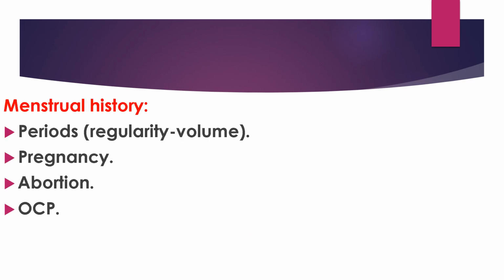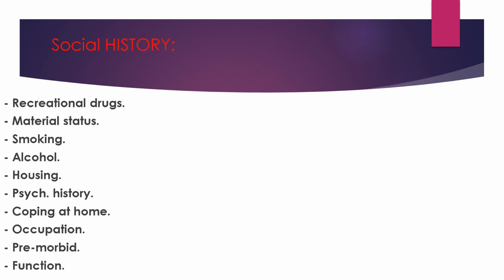In females, you have to ask about the menstrual history, and this is by far very important, because you may request to give a drug for a female and she is already pregnant, which may harm her baby and so on. So you have to ask about the periods and the pregnancy and abortions and oral contraceptive pills.